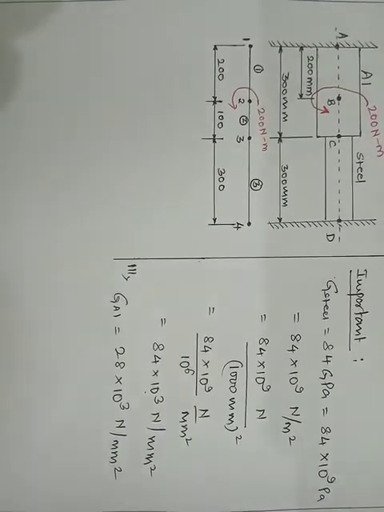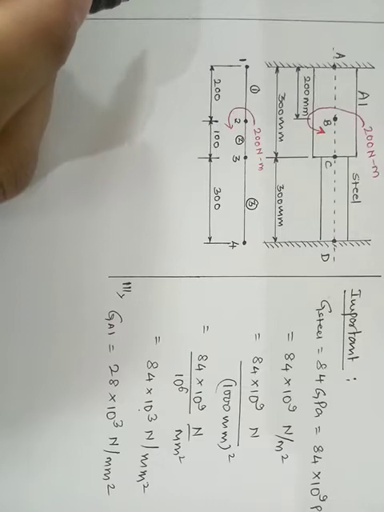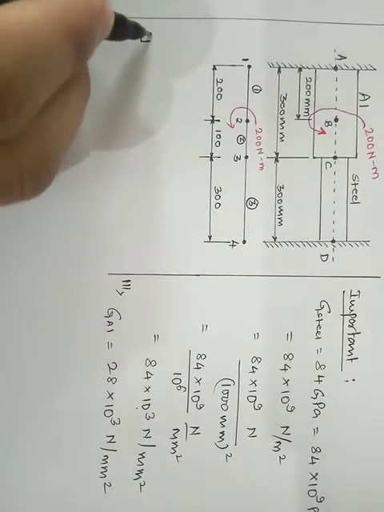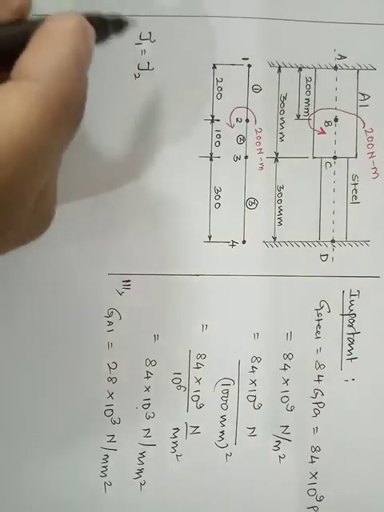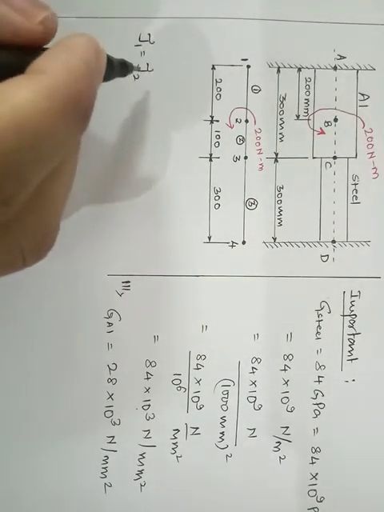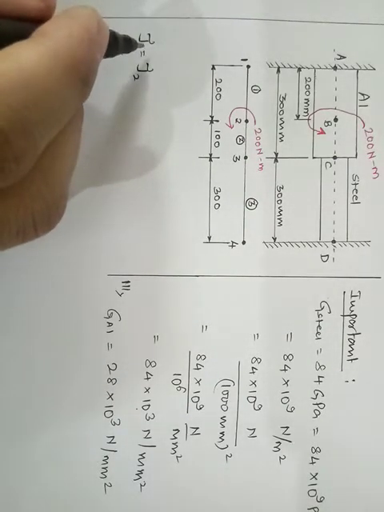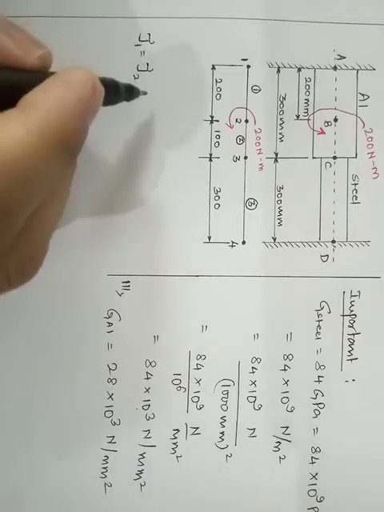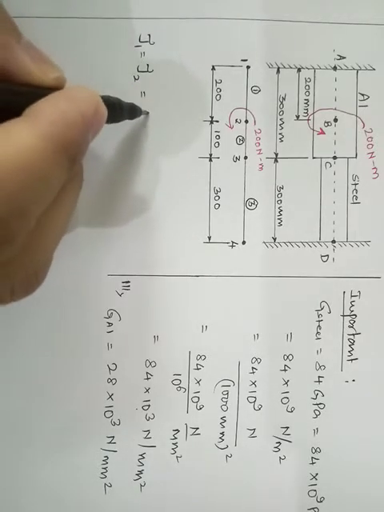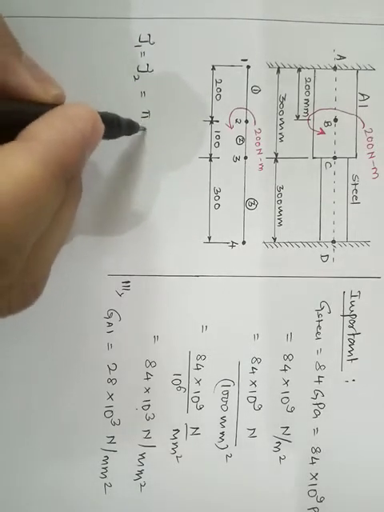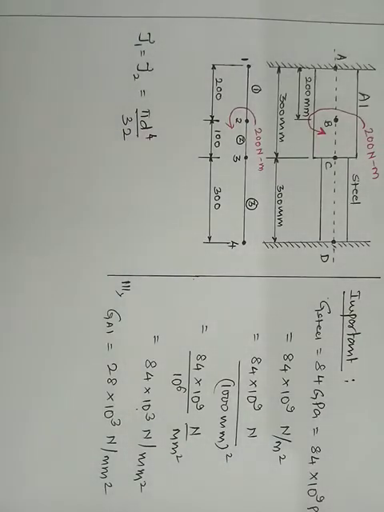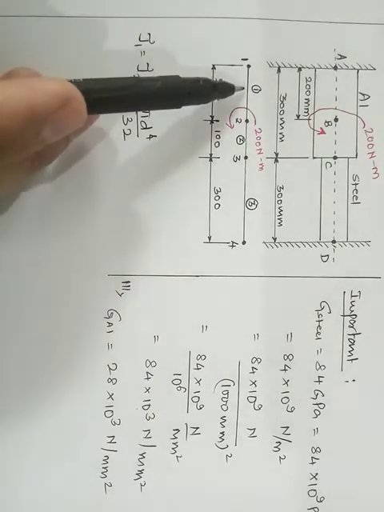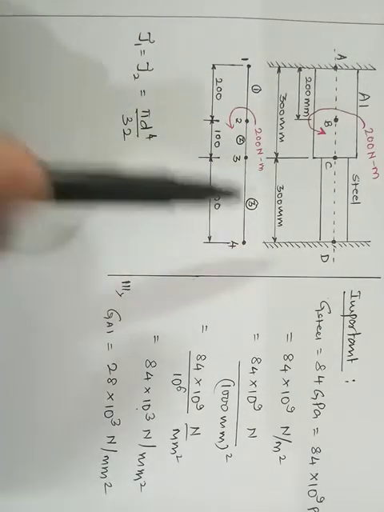So next we'll be starting with the problem. Now before I could start with the problem, let me calculate the polar moment of inertias. So it is given by pi d raised to 4 divided by 32. Okay, there are 3 elements, so I will be having 3 polar moment of inertias. Element number 1, element number 2 and element number 3.